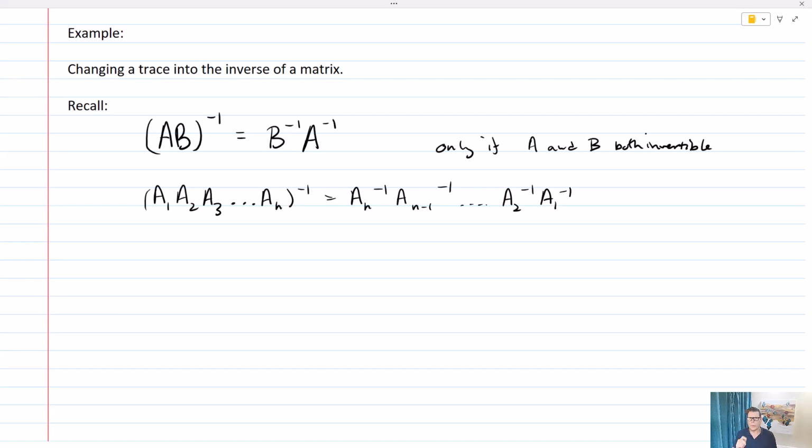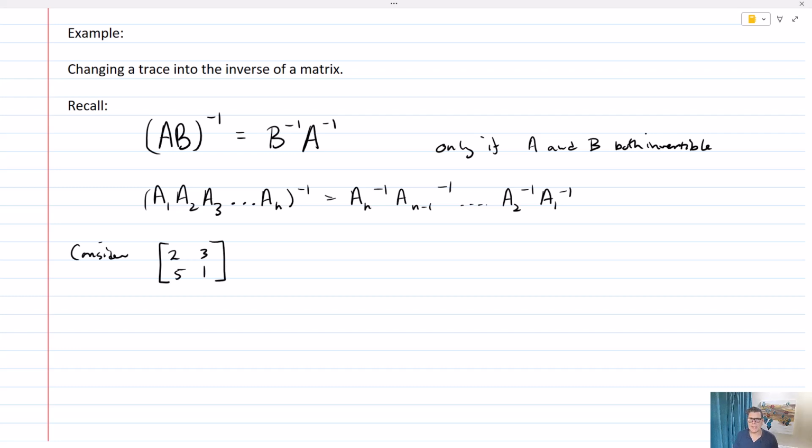So essentially, we multiply the inverses, but we do it in the opposite order, okay? And that's going to be important for when we actually draw this kind of trace. So let's say, for example, we take the matrix. So consider the matrix that we had was 2, 3, 5, 1.